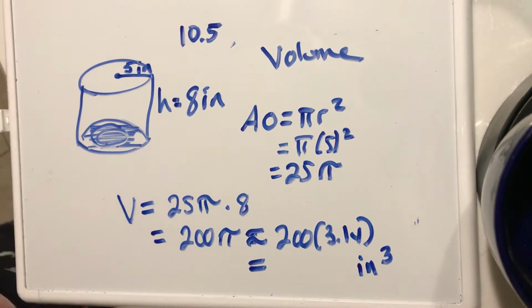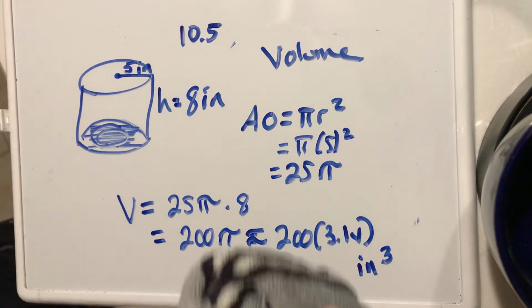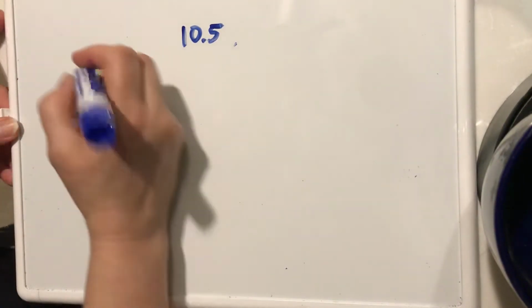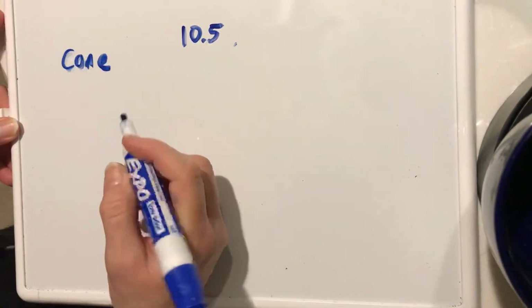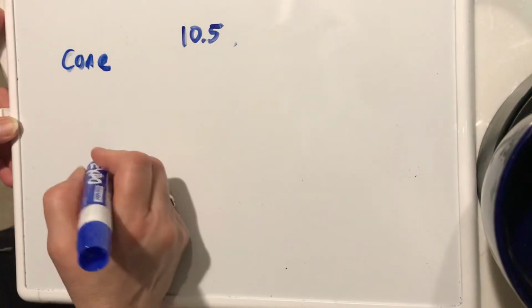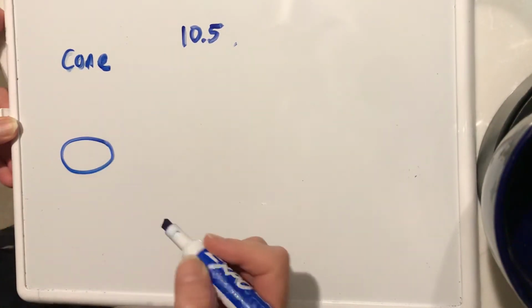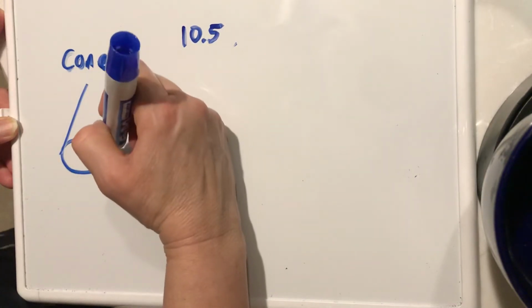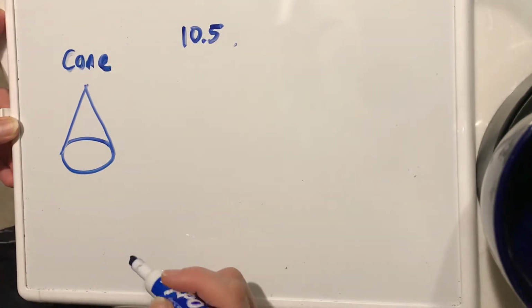We have volume of a cone. So this was cylinder, and now we're going to do a cone. A cone, if you can imagine, again, we have a little circle, but now kind of like a teepee or an ice cream cone.